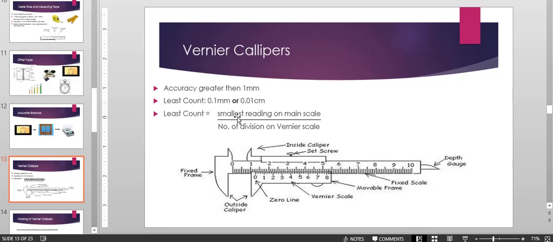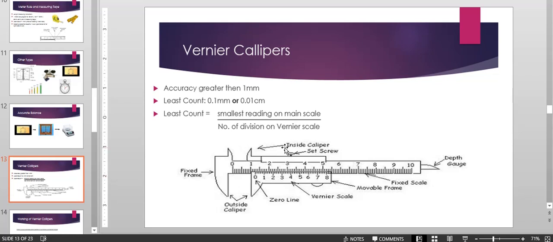In order to find out the least count of the vernier scale, we divide the smallest reading on the main scale by the number of divisions on the vernier scale. By the smallest reading on the main scale, we mean the difference between the two lines of the main scale, which is equal to 1 millimeter.